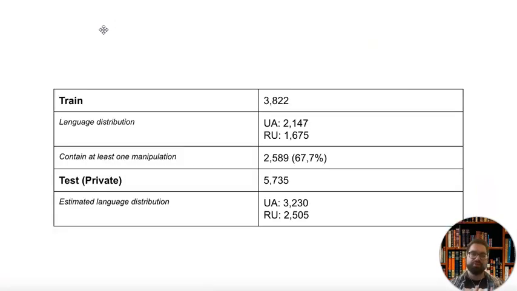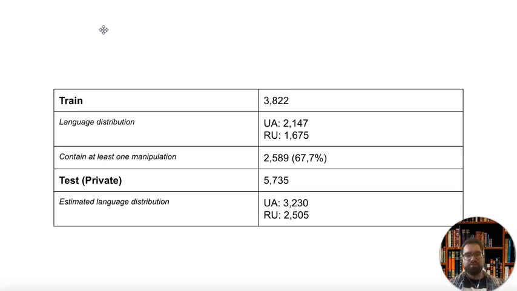So in total, there are 3,800 samples in the train or public leaderboard dataset, the open dataset that you can use for training. Additionally, there is a language identifier available only for train. As you can see, there are 2,000 posts in Ukrainian and 1,600 in Russian, and 67% of all the posts contain at least one manipulation, while 33% contain no manipulations.